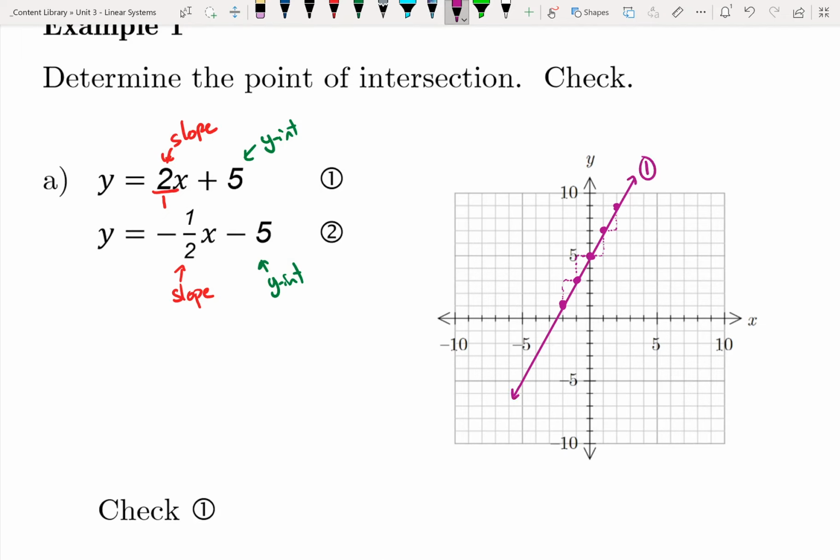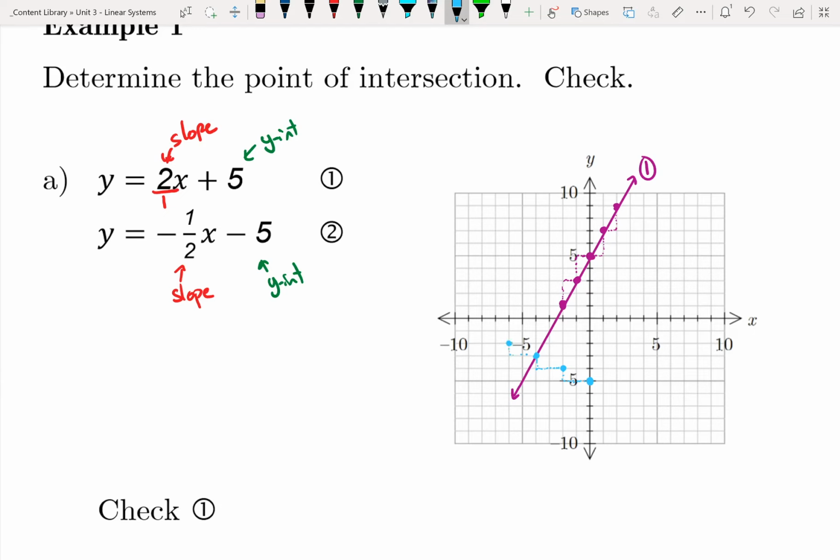The next thing I need to do is graph my second line. My y-intercept is negative 5, so I'm going to start at negative 5. I'm going to use my slope of negative 1 over 2 to find my other points. I'm going to make the bottom negative, so I go to the left 2, up 1.